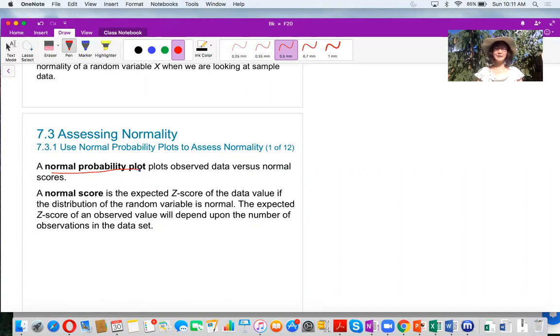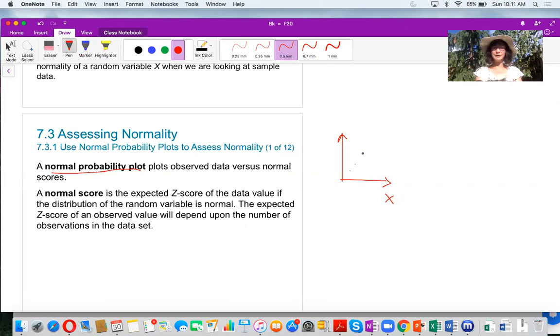Normal probability plot. This tool can help us to assess normality. When you plot a normal probability plot, what is your x? Your x is the observed data. And for your y, we are going to use a formula to calculate a new y so that we get a normal probability plot.